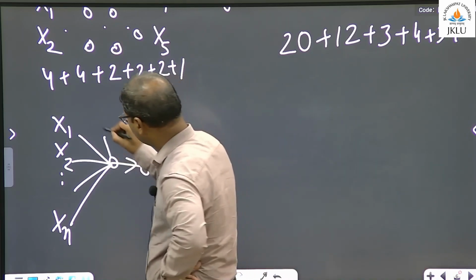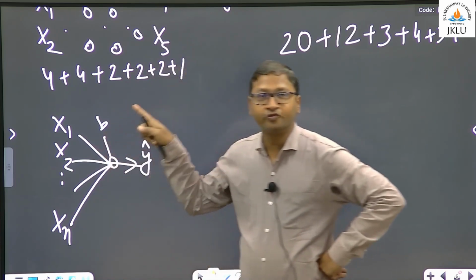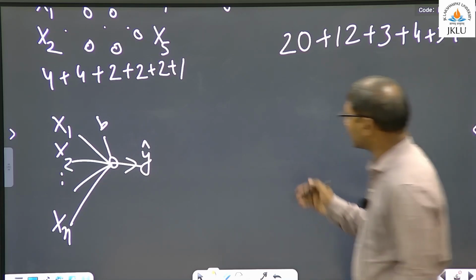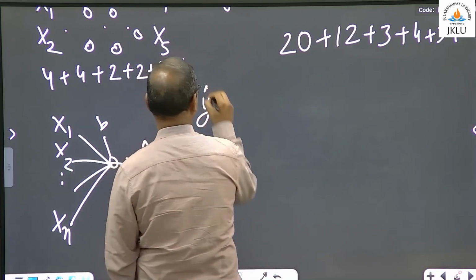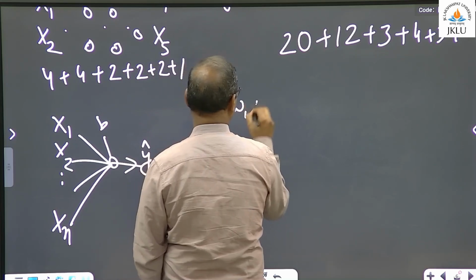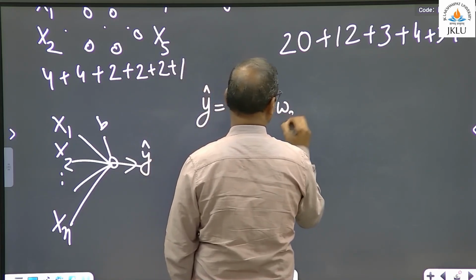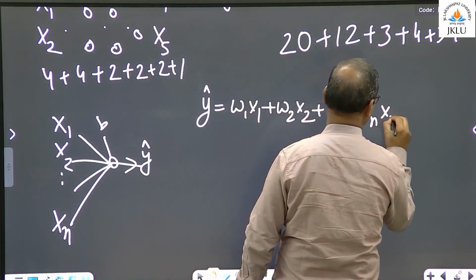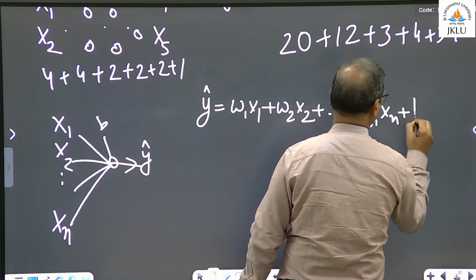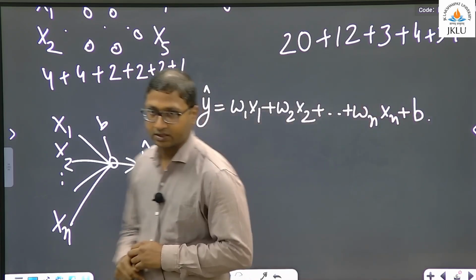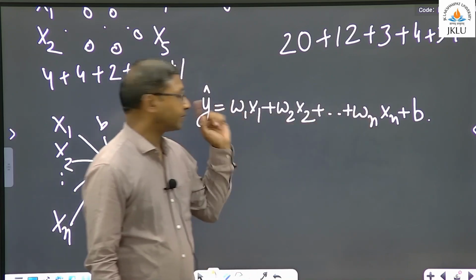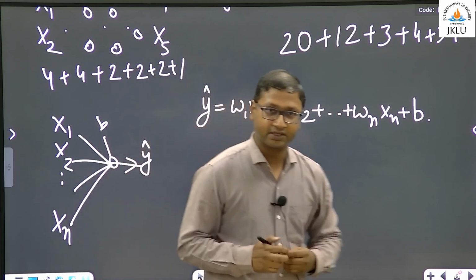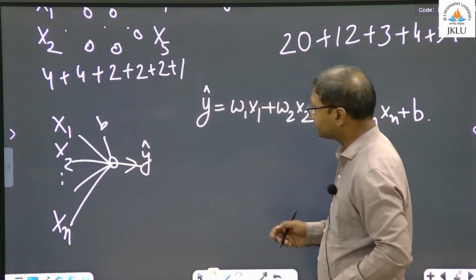Now I want to vectorize this calculation. Remember I was writing y hat equals w1 x1 plus w2 x2 and so on. I don't want this summation, I want it to be vectorized. How do I do that?